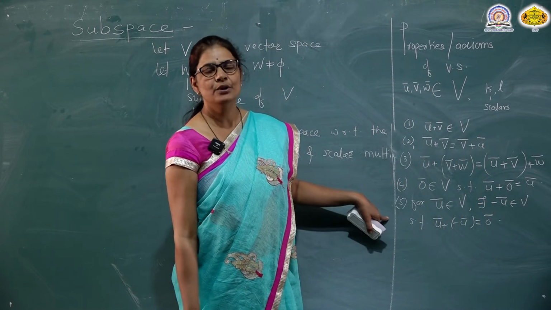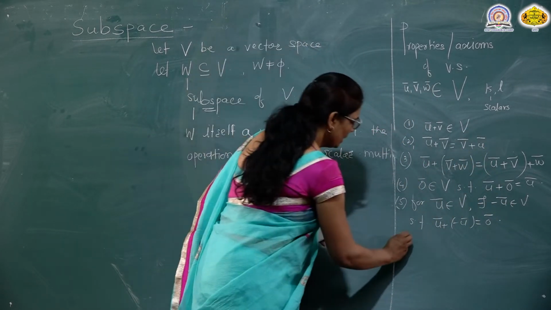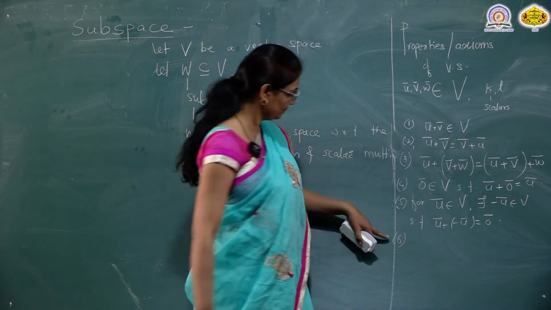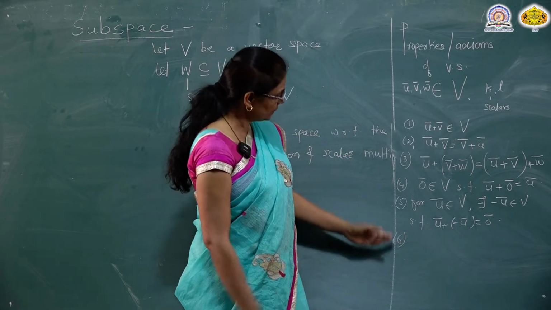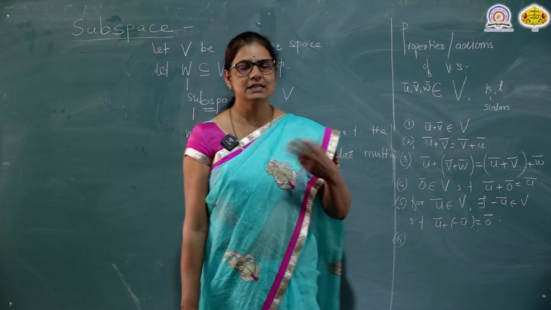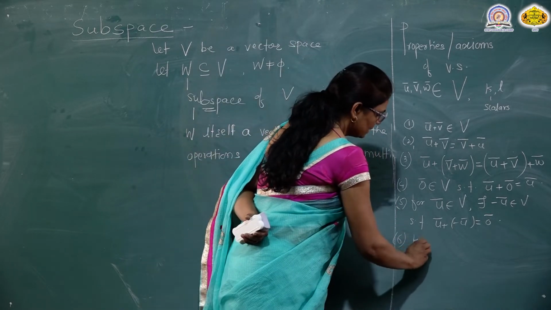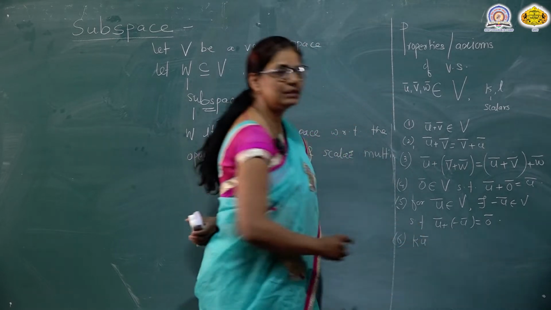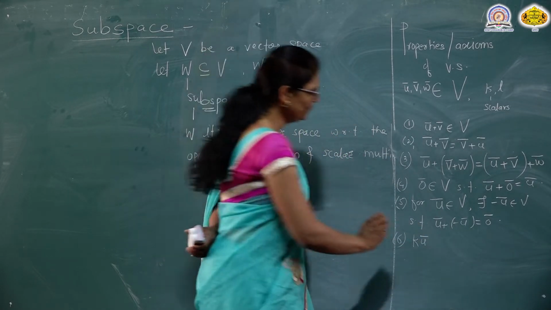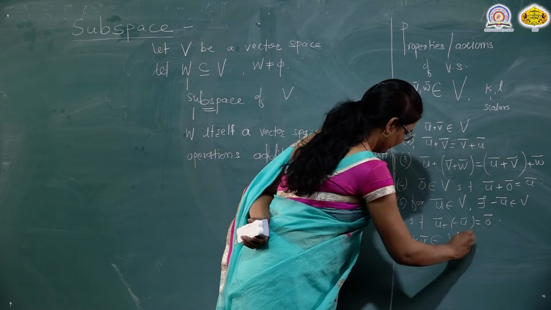This is our fifth property. Now the remaining 5 properties are related to scalar multiplication. If I consider one scalar and one vector, then this is called the scalar multiplication, and it again belongs to V.